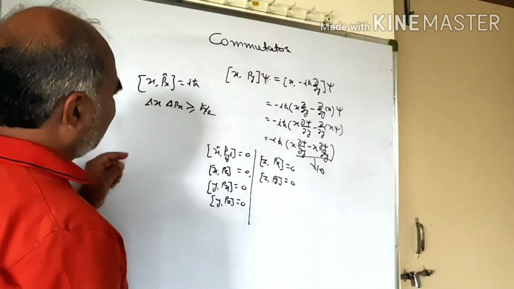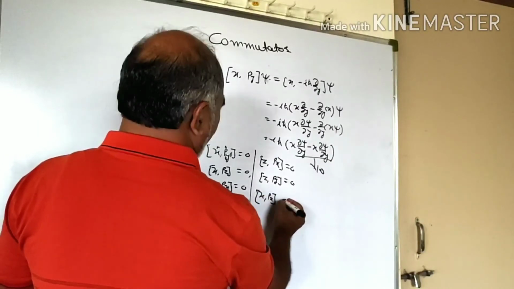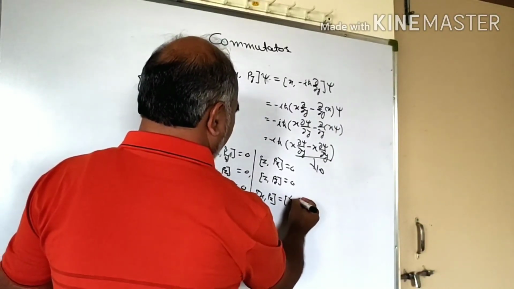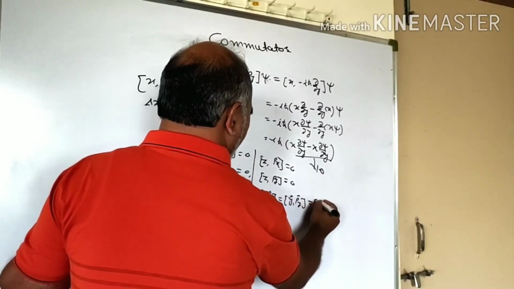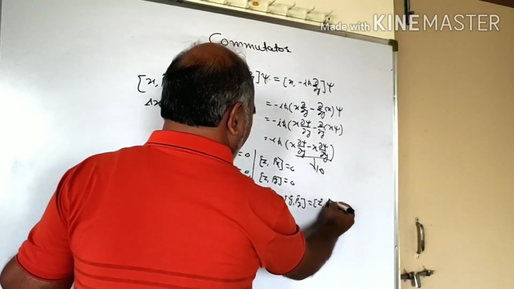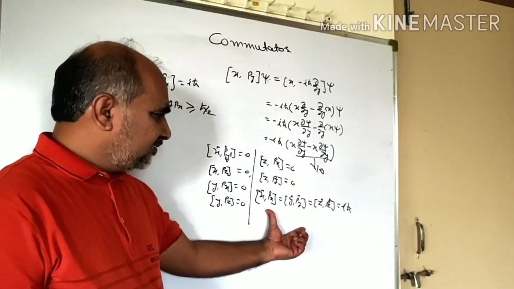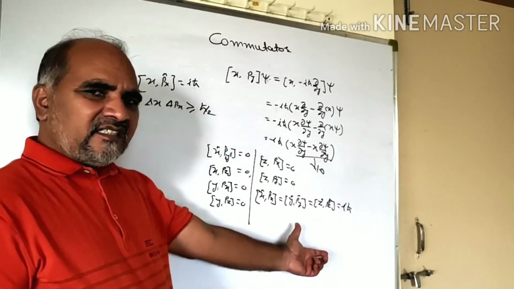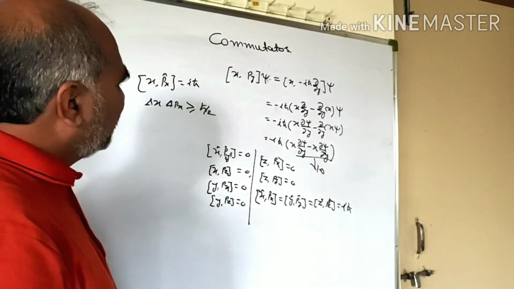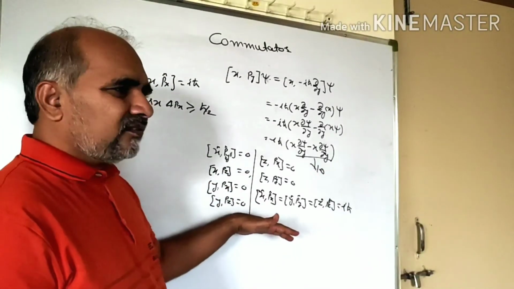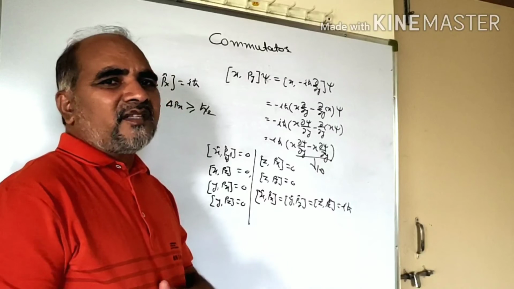And [x, px], [y, py], [z, pz] are each equal to iℏ. This can be represented using the Kronecker delta, but don't be confused by that; we'll see it later. So these are the concepts of the commutator. Now we'll see what the basic properties of the commutator are.